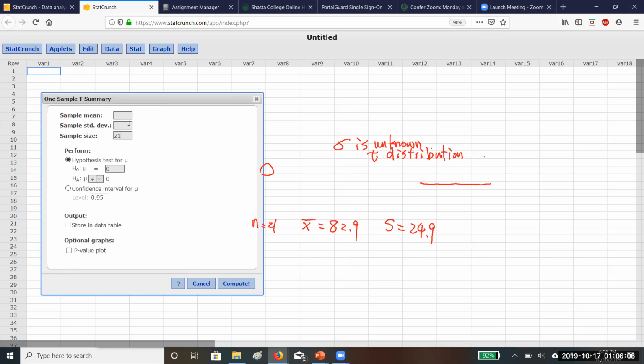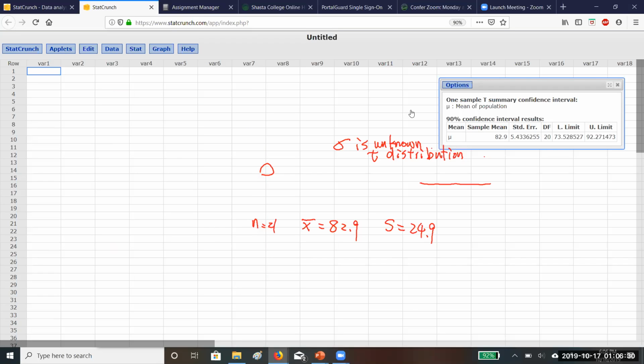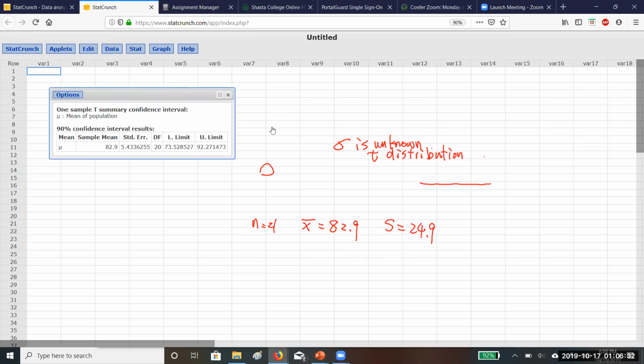That's your N. Sample mean 82.9. And this is sample standard deviation 24.9. All right, here you choose confidence interval, confidence level 0.9, and then just compute. It will give you the interval, lower limit and upper limit.